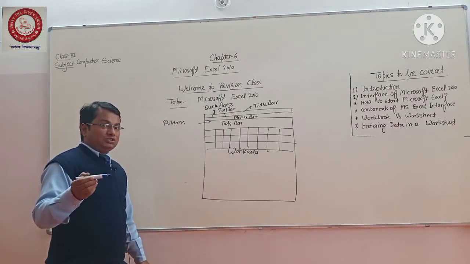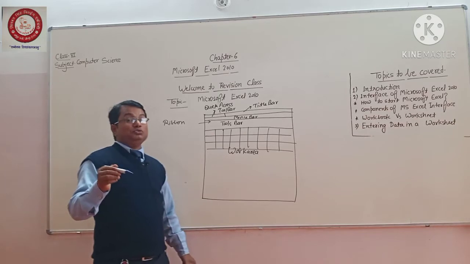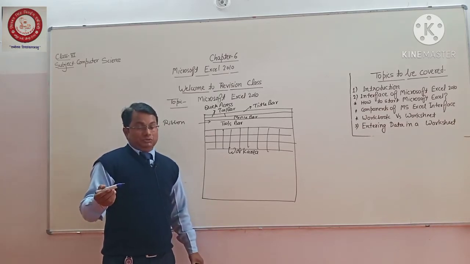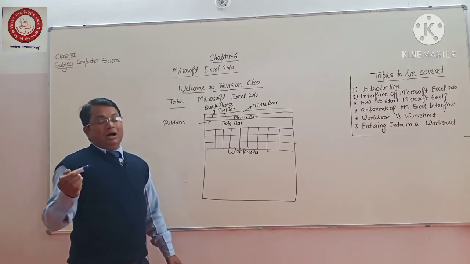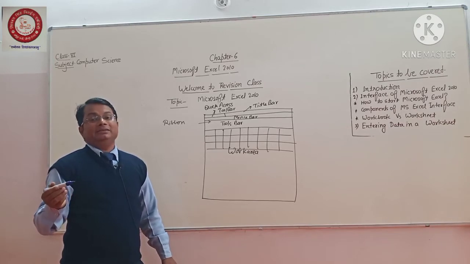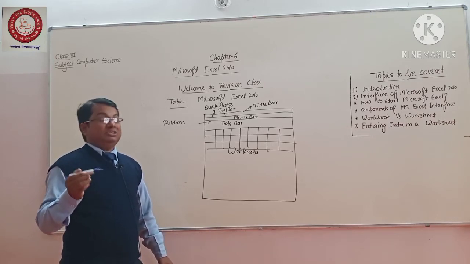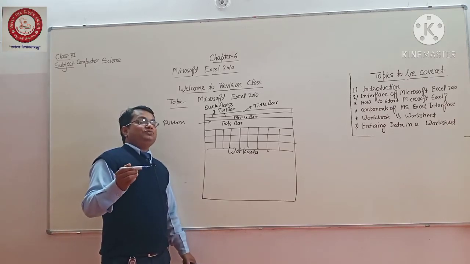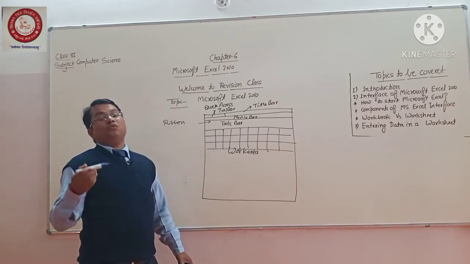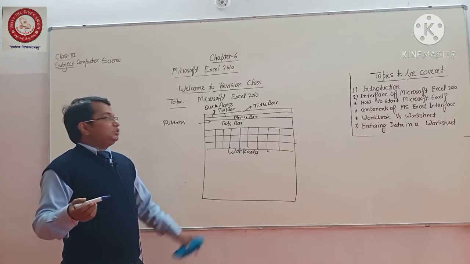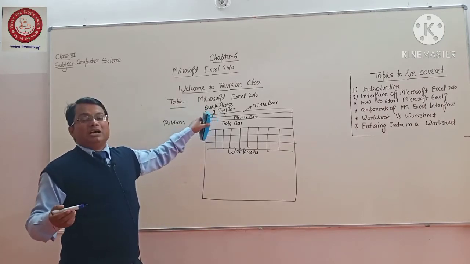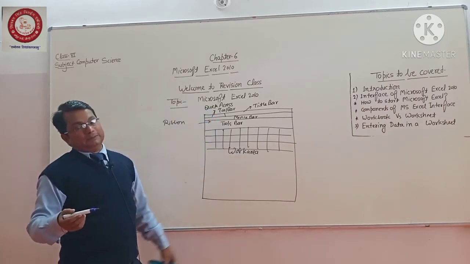Whatever commands, whatever buttons you are using frequently, like undo, redo and save. These are the few buttons which we use on a frequent basis. So those three buttons are always available on the quick access toolbar.